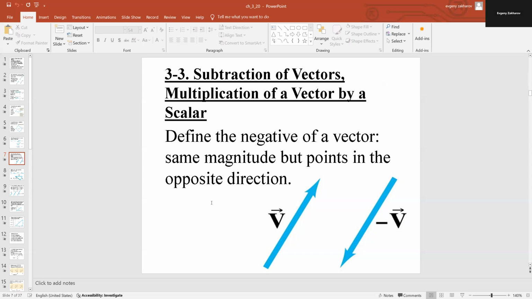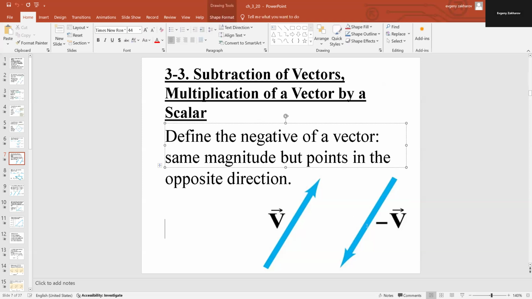So instead of thinking as 5 minus 3, think as 5 plus minus 3. You still get 2. And instead of doing subtraction, you're actually doing addition. It's just you're adding the opposite. And what does it mean to add the opposite? What kind of opposite vector are we talking about?